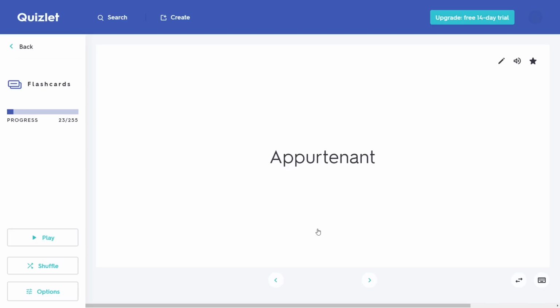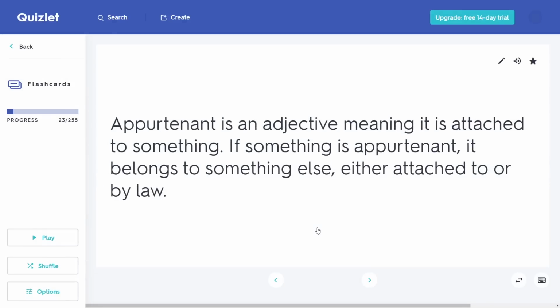Hopefully. All right. Appurtenant. Appurtenant is the adjective. It's an adjective, meaning is attached to something. So if something is appurtenant, it belongs to something else, either attached to or by law. So let's break this down very briefly because we've got tons of terms to go through. But appurtenant would be, okay, let's say you and I are showing property together. You and I, we're like the dream team.